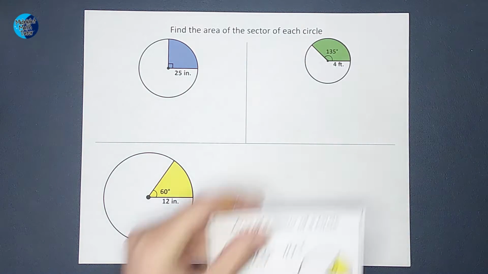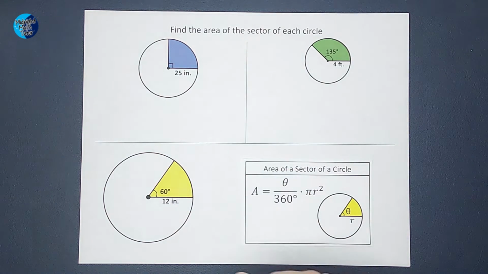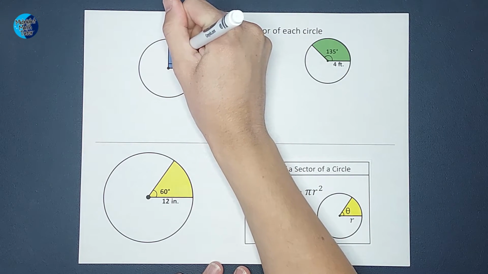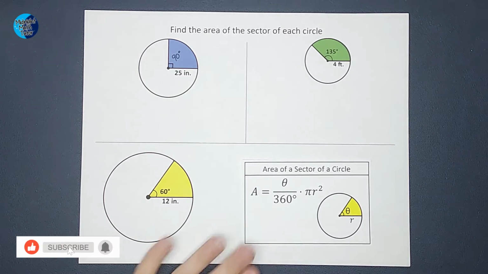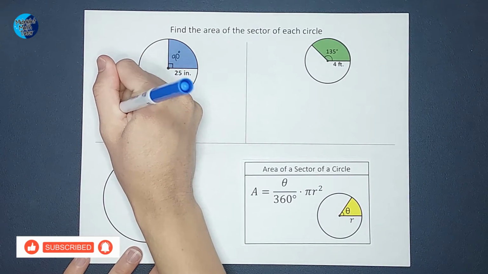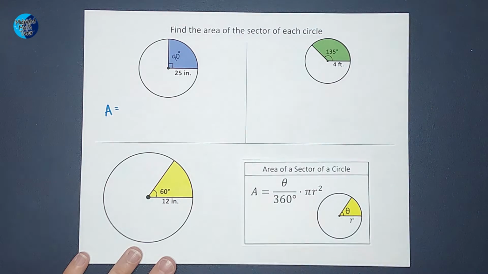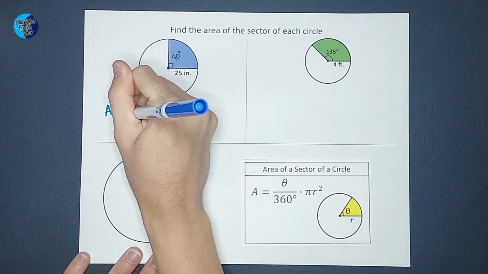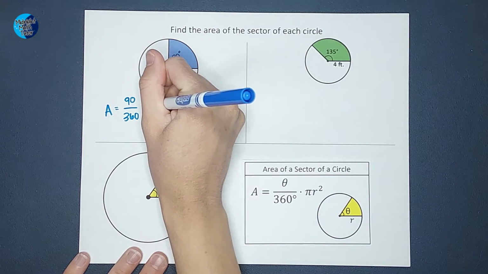On this first example, you might think, oh, they didn't give us the degrees, but they did with that little right angle sign, meaning this is a 90-degree angle. So if I plug into my equation here, the area is equal to the degrees of the sector I'm trying to find the area of, so 90 over 360 times pi.